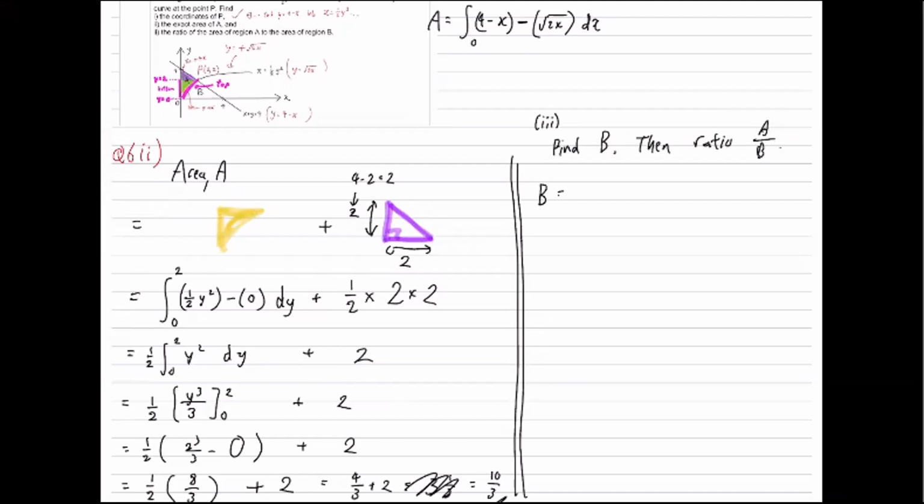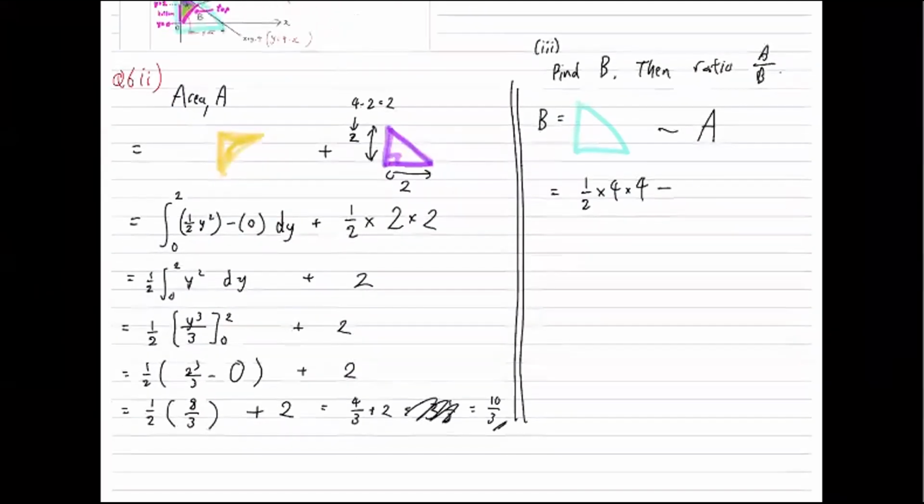So the area of region B is equal to what? You mentioned already. It's referring to this big triangle, minus away A. Half times 4 times 4, correct, minus 10/3. Simplify, calculator for this. 14/3.